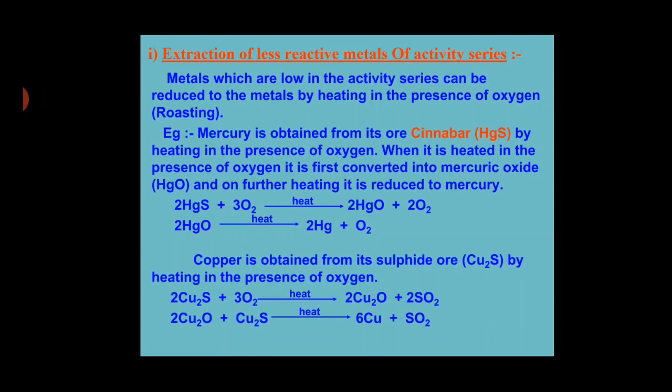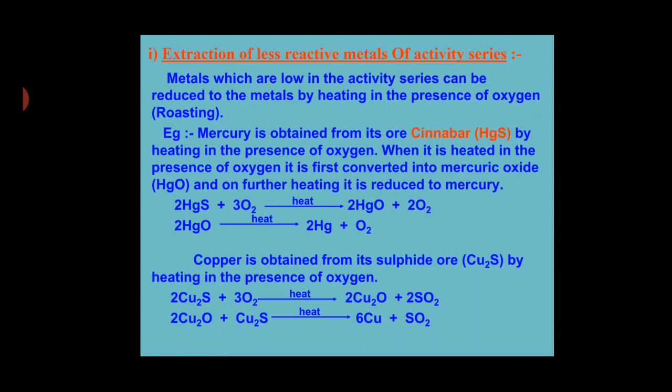So here the first category is extraction of less reactive metals of the reactivity series. As we all know, less reactive metals are mostly present in the sulfide form of ore, and the extraction method becomes a bit difficult in the case of sulfide or carbonate ore. So in order to extract the pure form of a metal, firstly we perform the conversion method with the help of the roasting process.